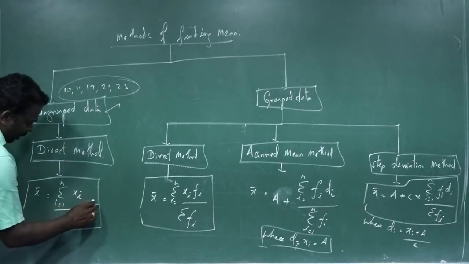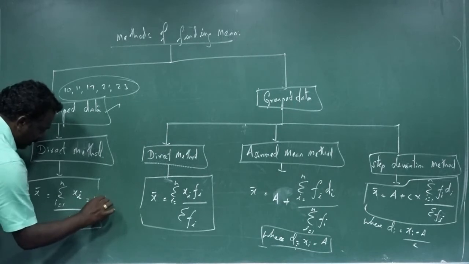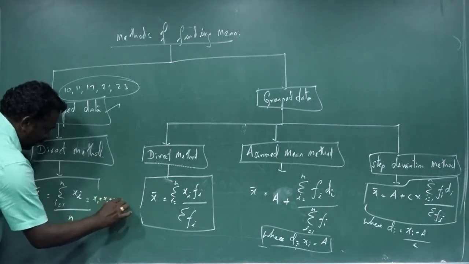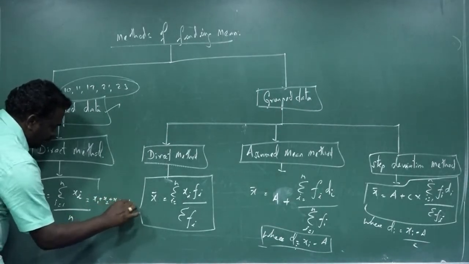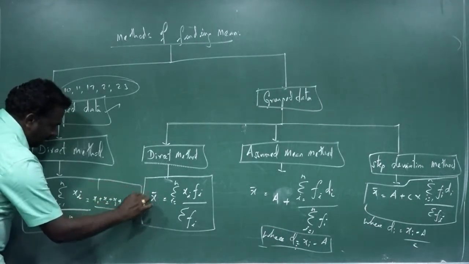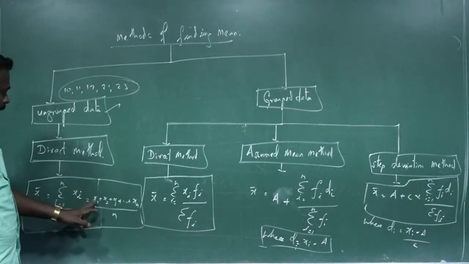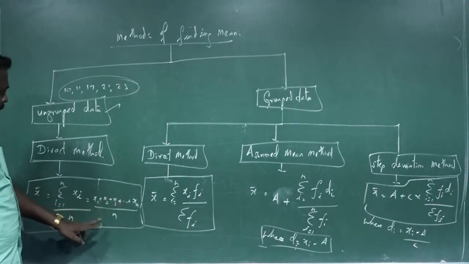Summation i from 1 to n means x1 plus x2 plus x3 and so on, plus xn, divided by n, the number of terms. This is called the arithmetic mean, defined by x bar. It is just the sum of the given data divided by the number of terms.